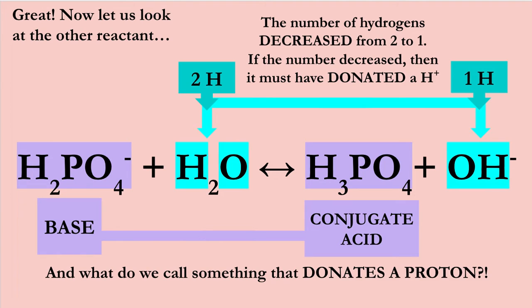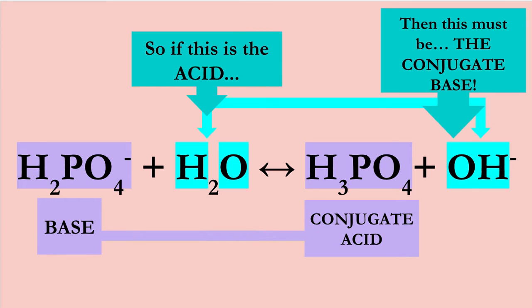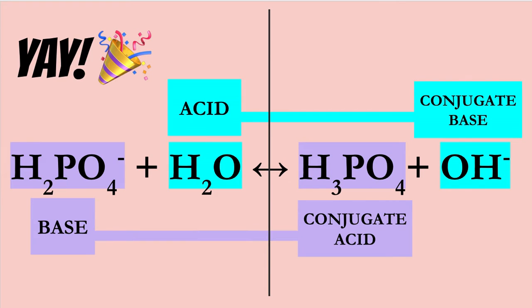What do we call something that donates a proton? An acid. So this must be the acid, and if that's the acid, then this must be the conjugate base. So on my reactant side, I have my base and my acid, and on the other side, I have my conjugate acid and my conjugate base.